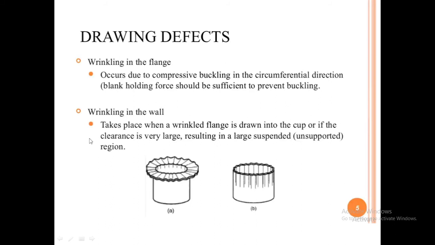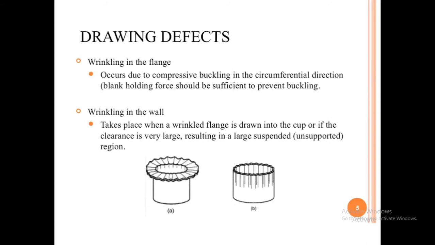Then wrinkling in a wall, as seen here, takes place when the wrinkled flange is drawn onto the cup, or if the clearance is very large, resulting in a large suspended or unsupported region. Means sometimes if the blank holder pressure is less, the wrinkles produced on a flange also transfer to the surface of the cup.